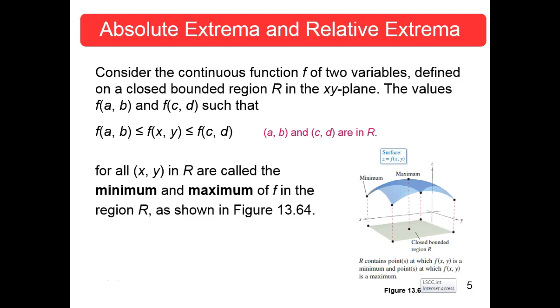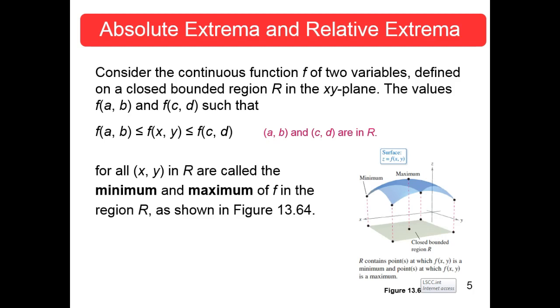Okay? So here's what they're saying. f of (a,b) is going to be your minimum value if it's less than or equal to all the other f of (x,y)'s, and f of (c,d) is going to be the maximum value if it's greater than or equal to all the other f of (x,y)'s. So in this picture here, it looks like these 4 points are all local minimum, and this one up here is the one local maximum, because none of the other points go as high on the z-axis as this.